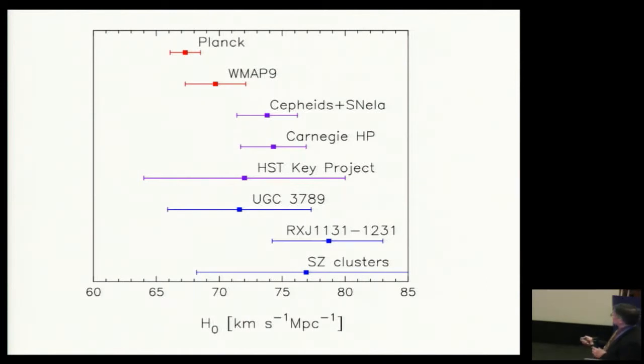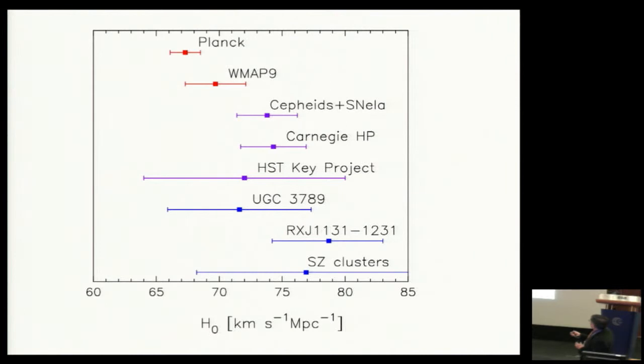But this galaxy is more distant, and so it's outside of the immediate vicinity of the Hubble flow, and you can use it to give you a direct determination of H0. This is a gravitational time delay measurement, and then this is an old measurement using Sunyaev-Zeldovich plus X-ray measurements to get a distance scale from rich clusters of galaxies.